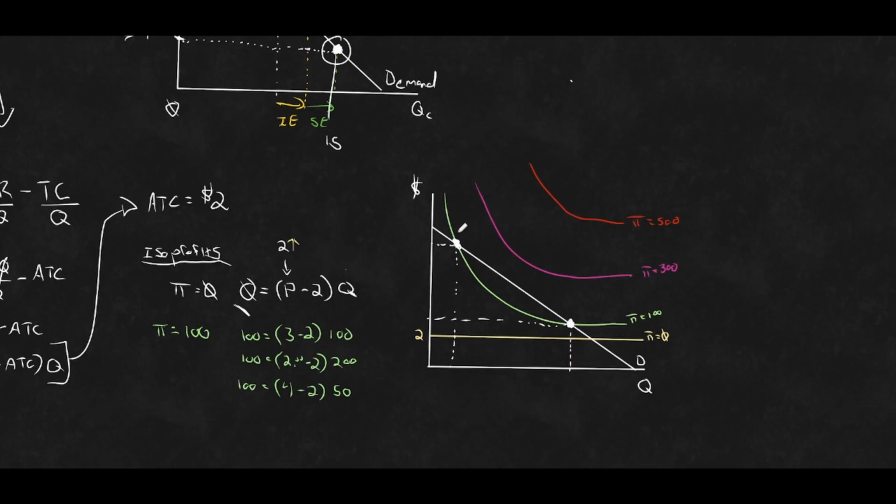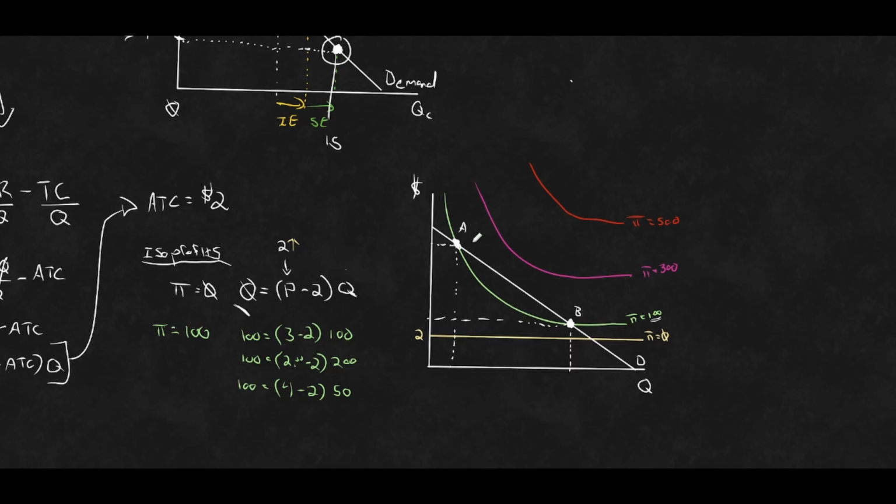The firm would be indifferent between these two points, A and B, because they're on the same isoprofit. The firm is earning $100 of profit at both of them. So it doesn't really matter. There's no difference between these two points from the firm's perspective. It would be just as happy at either one.